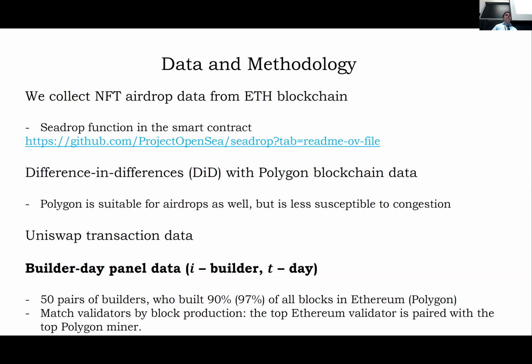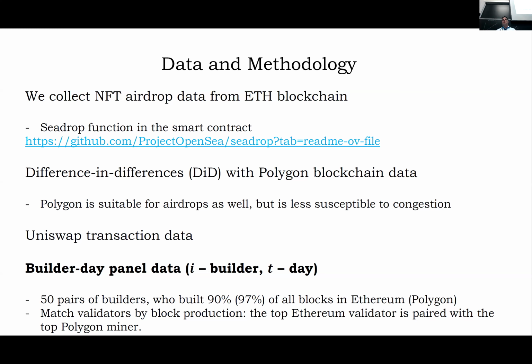The reason is that Polygon is also another blockchain where you can deploy NFT, but it is much less sensitive to congestion, because it has a much faster transaction speed, in the sense that it constructs blocks much more frequently, and you have a smaller average gas fee on the Polygon blockchain.